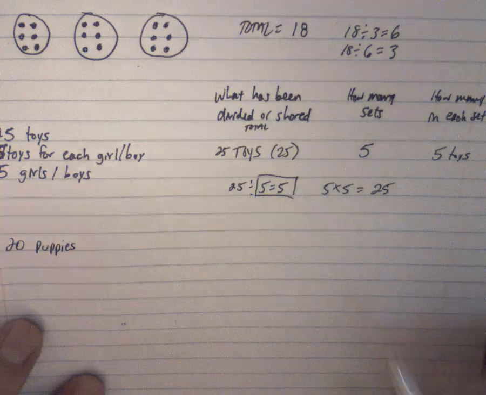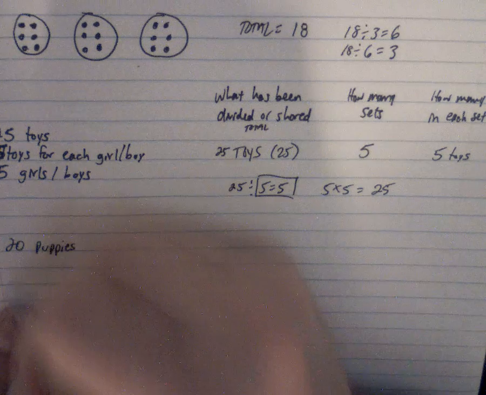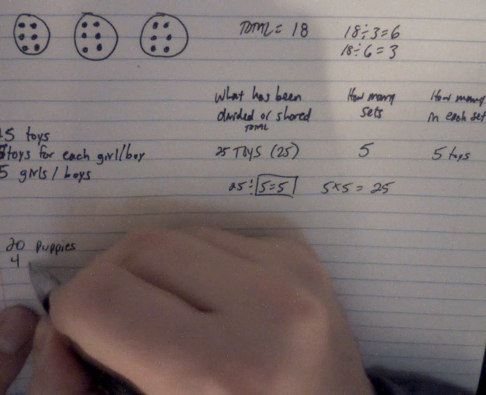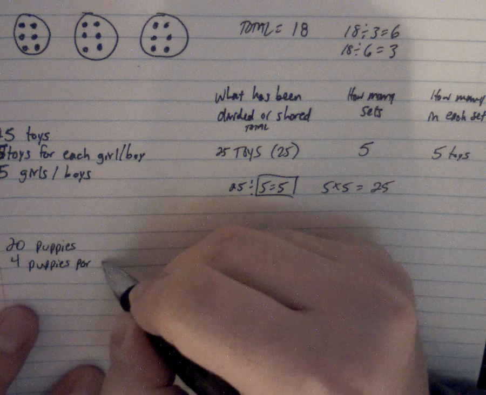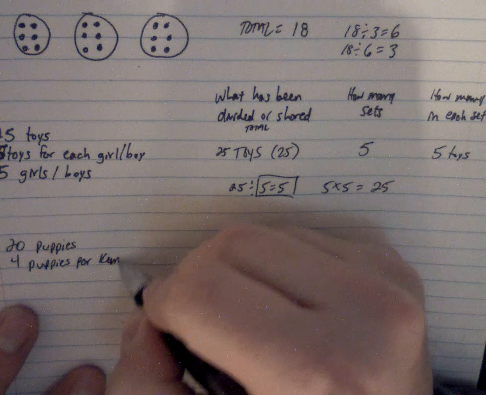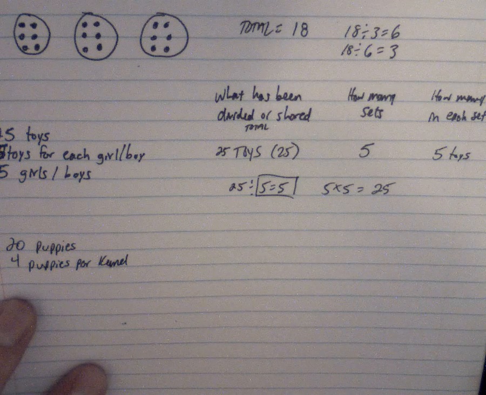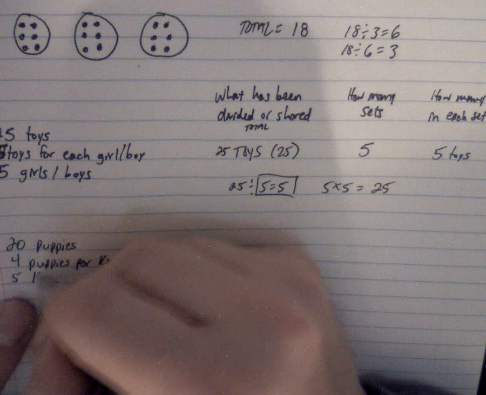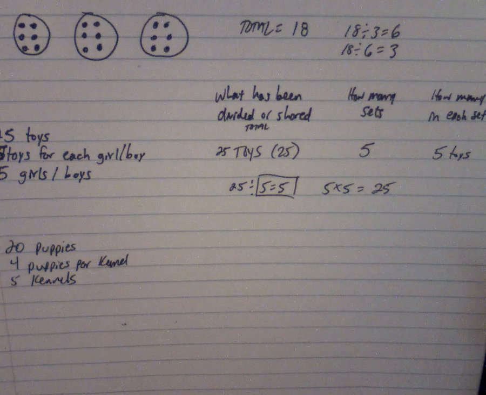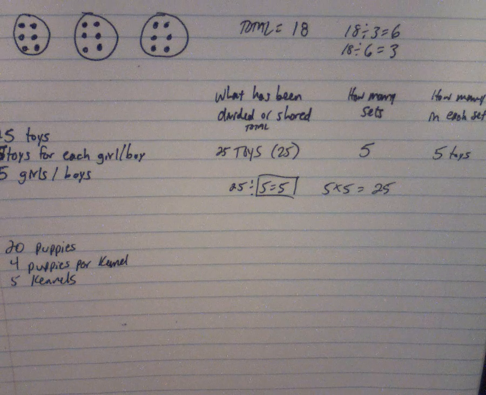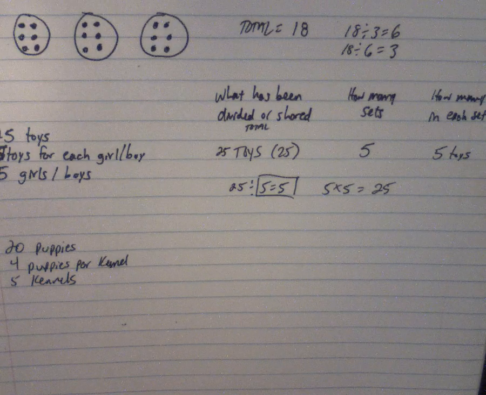Let's say 4 puppies per kennel, and then there are 5 kennels. So what has been divided up? What has been divided into the kennels?